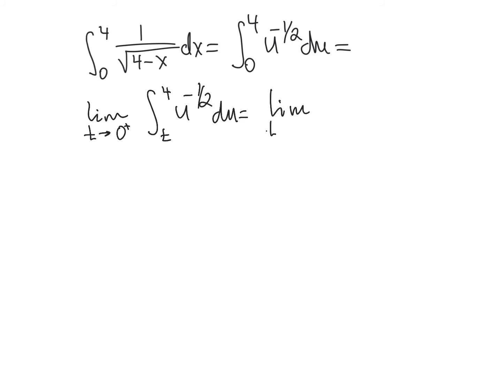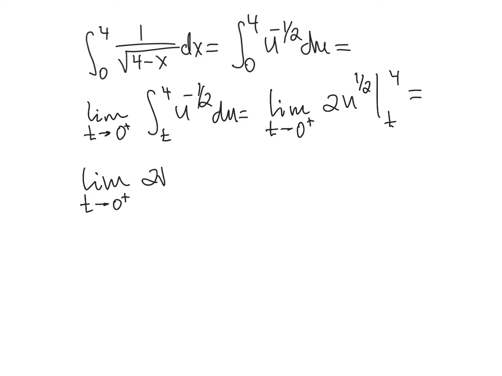So this is the limit as t approaches 0 from the right of 2 u to the 1/2, or 2 square root of u, evaluated from t to 4. Let's plug in 4 for u.